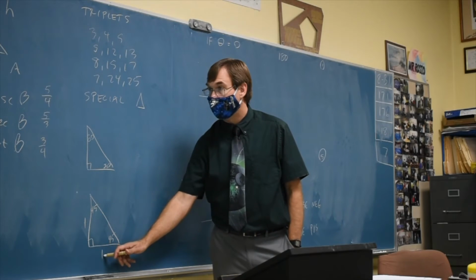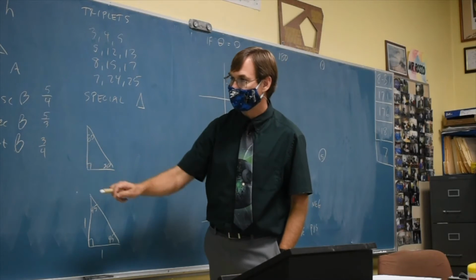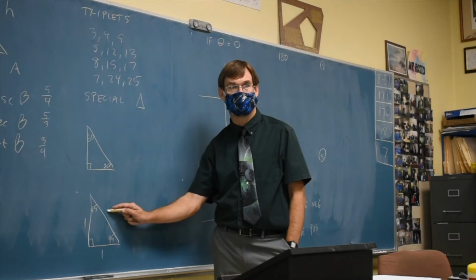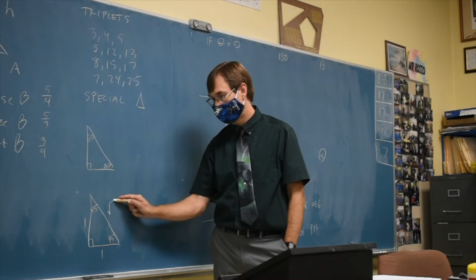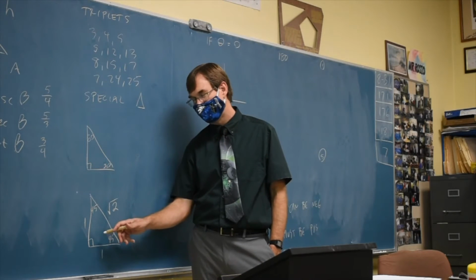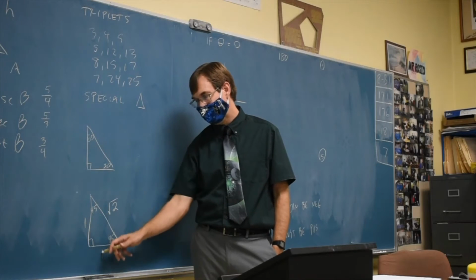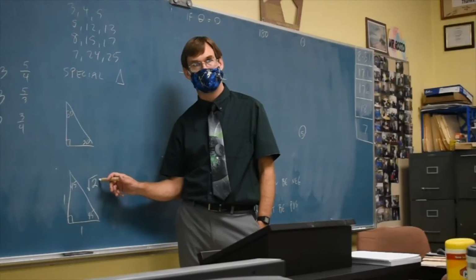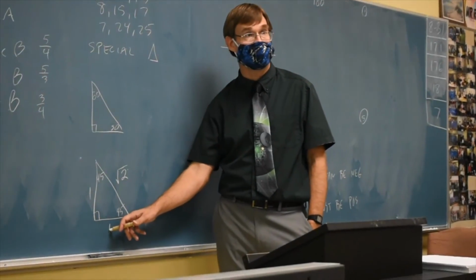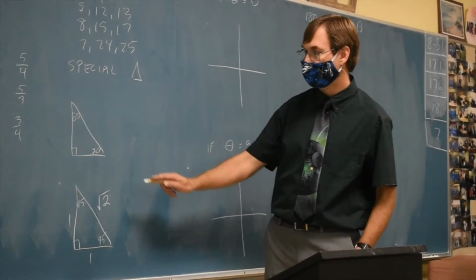If these are both 1s, can anybody, Pythagorean Theorem wise, figure out what the hypotenuse would be? Root 2, true. And maybe this will ring a bell: we used to do pictures like this where I'd say 8, 8, and you'd come back 8 root 2. Or I'd say 12 root 2, and you'd come back 12, 12. We've done those a bit.